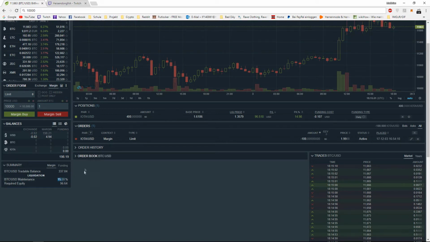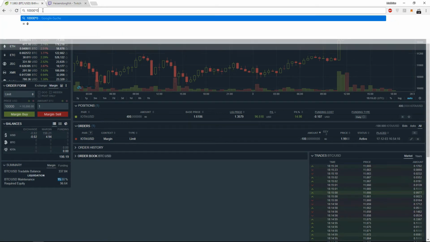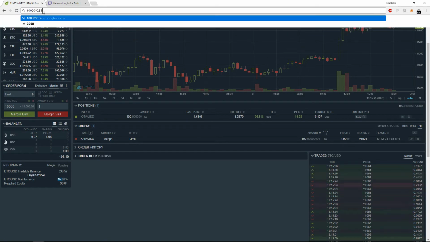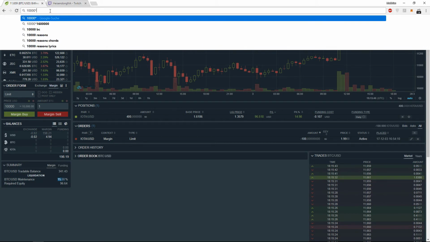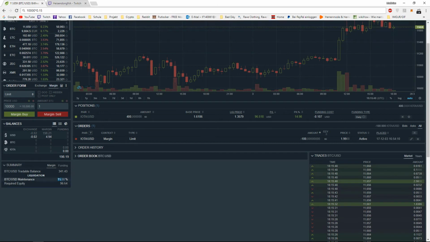you will need to have at least 85% of this position. So the value of your position has to be at least 85% of the initial value so that it doesn't get closed. You can calculate that by putting the value times 0.15, which is the maintenance percentage.